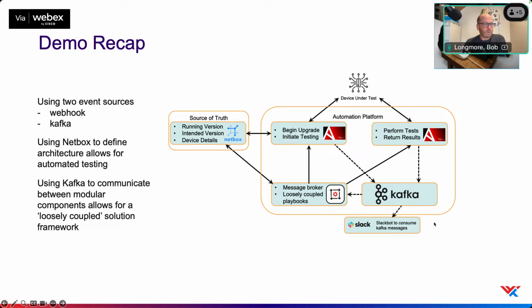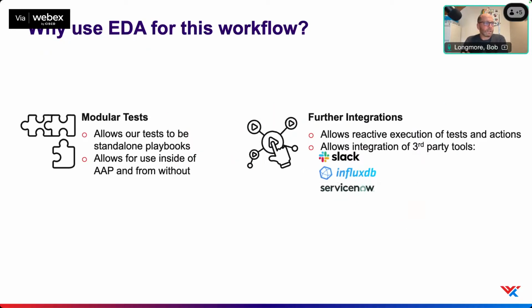One thing I didn't show, and one of the reasons we could look at using EDA for this workflow, is those further integrations. Anything that can consume or produce Kafka messages, we could tie this in, even outside of AAP.